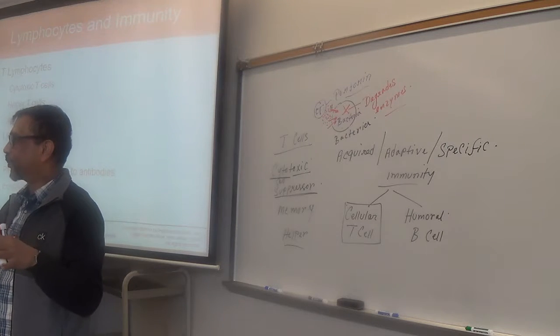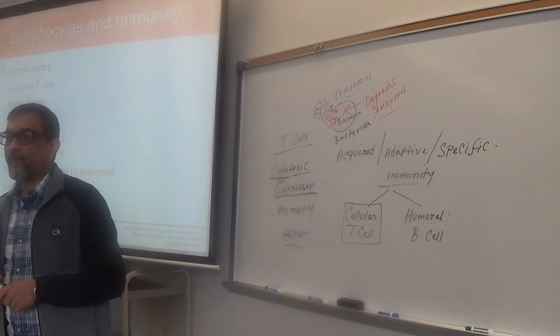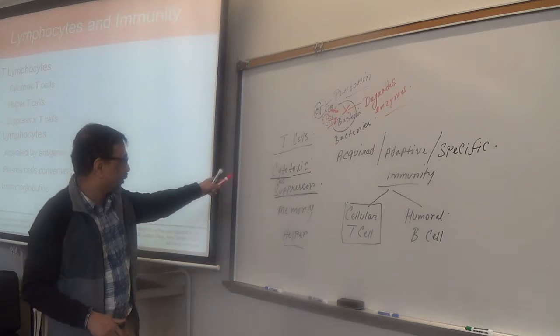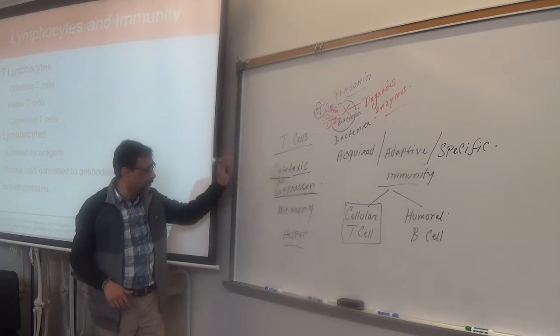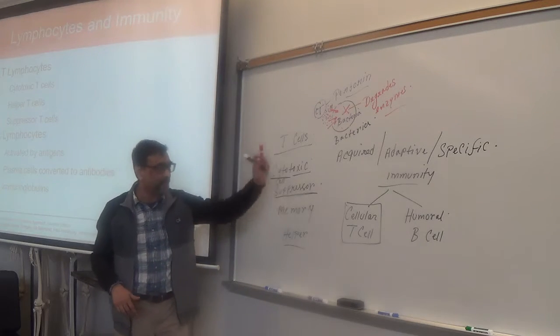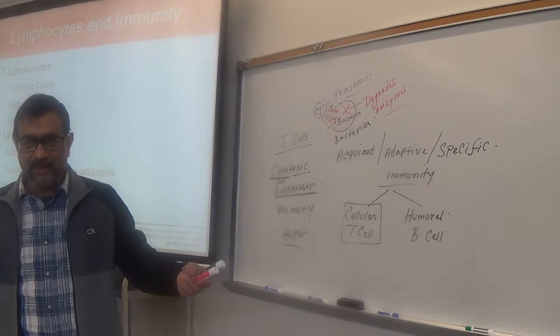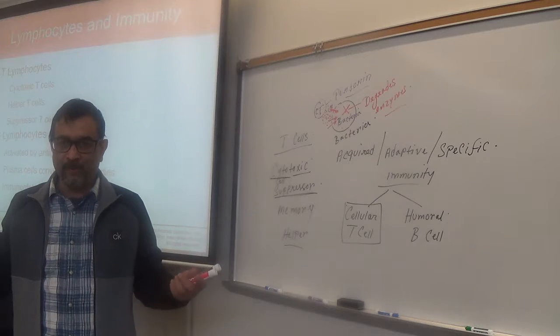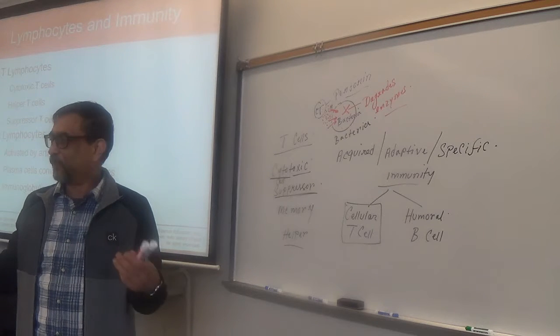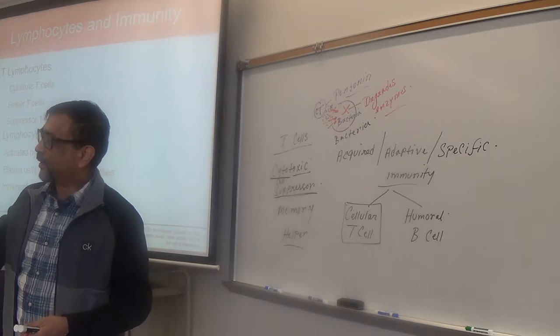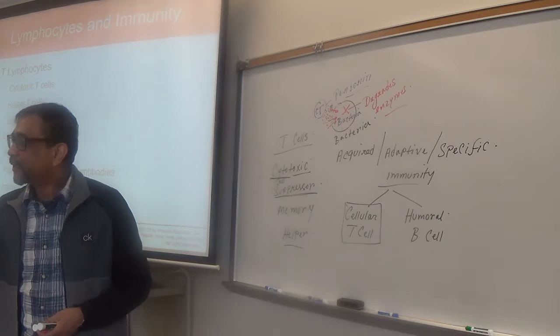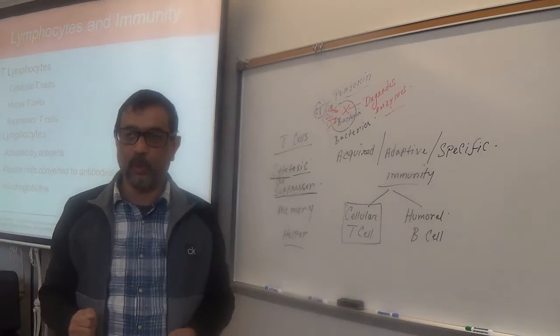That's why they are called suppressor T cells. Okay? So if other types of T cells like cytotoxic T cells or memory cells or helper cells or B cells, they tend to work more than what we need, right? That will cause problem, right? So the suppressor T cells keep them under control.